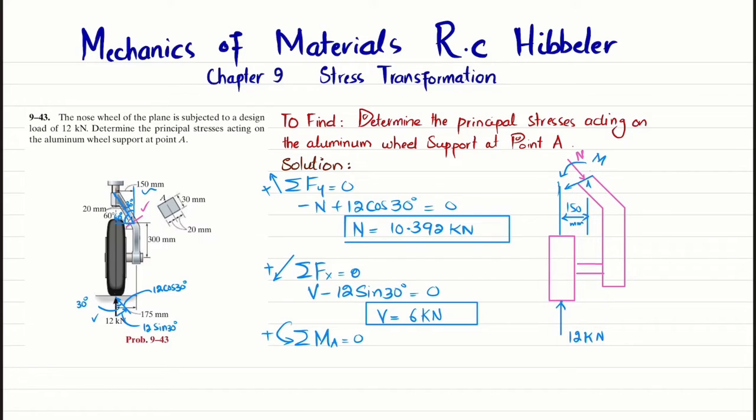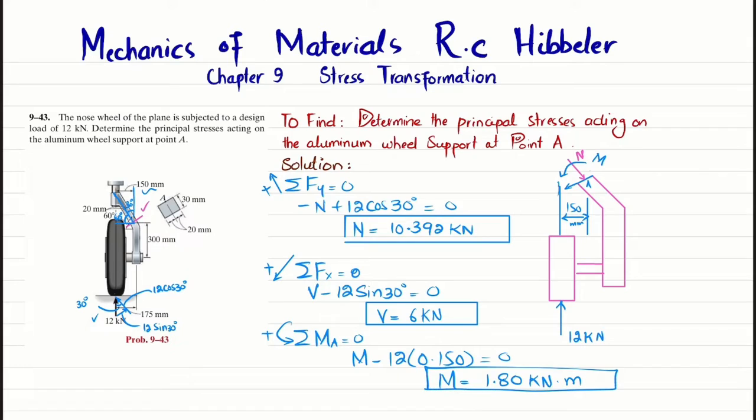So their sum must be equal to 0. So M minus 12 into 150 millimeter, which in meter is 0.15, is equal to 0. So from here you will get the moment equal to 1.80 kilonewton meter.